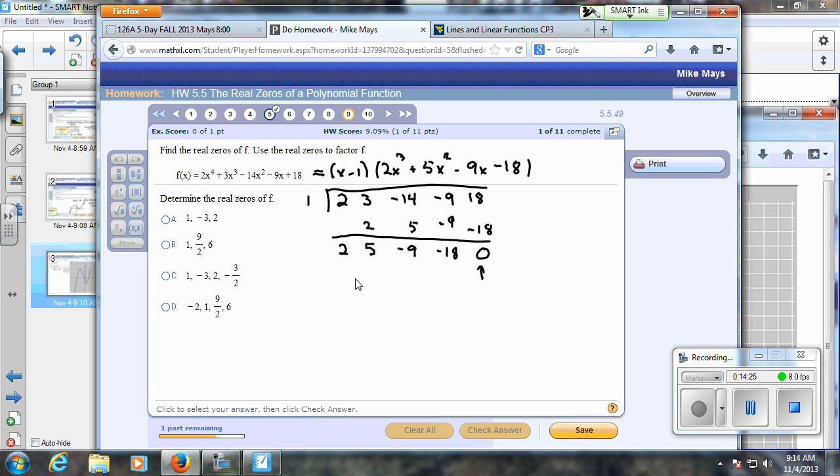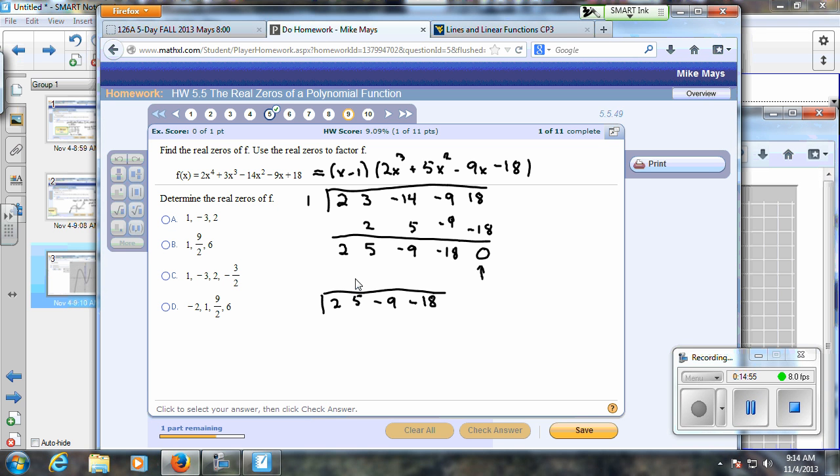So let's try breaking down that cubic further yet. That saves me a little bit of work if I go with its coefficients. So 2, 5, minus 9, minus 18. And now I'm going to try another possible real zero. They give me some to try, so again, this idea of I'll use the information that they give. This list of numbers are going to work.